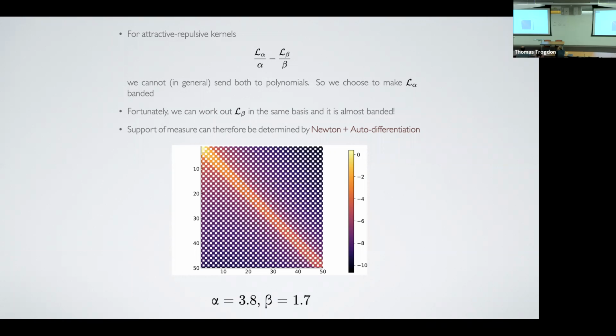So we choose this alpha term, and that tells us our weight. But from the recurrence relationship, we know how to apply this operator for the other one. The resulting matrix doesn't map polynomials to polynomials. It's not banded, but it is exponentially close to banded.